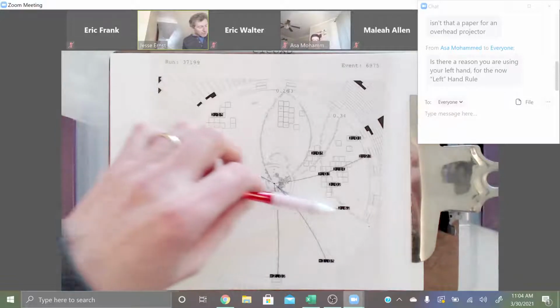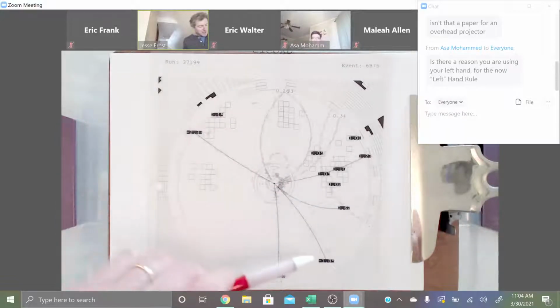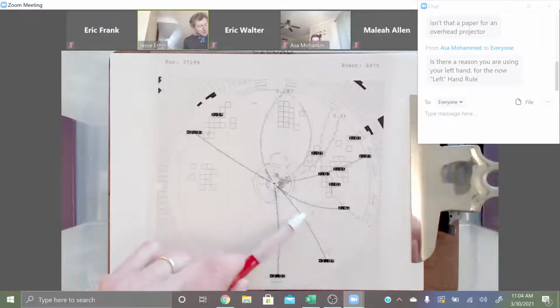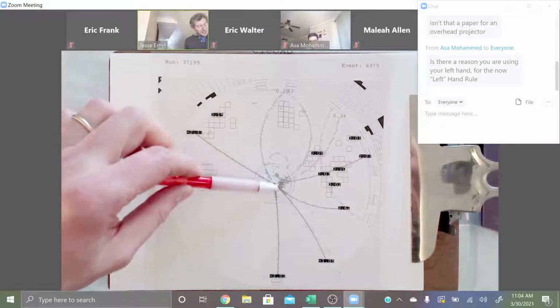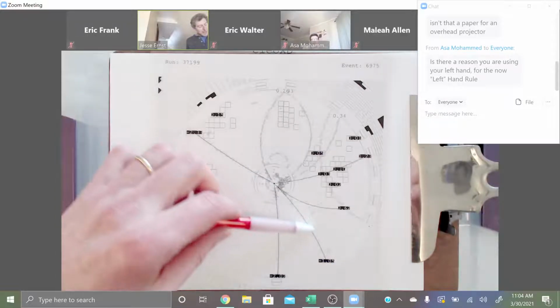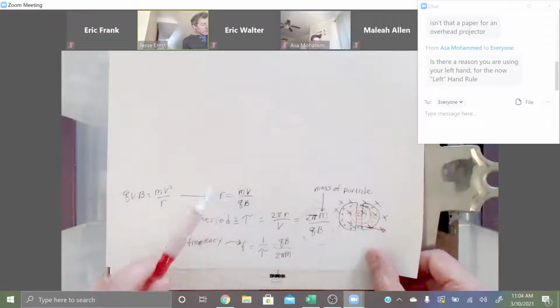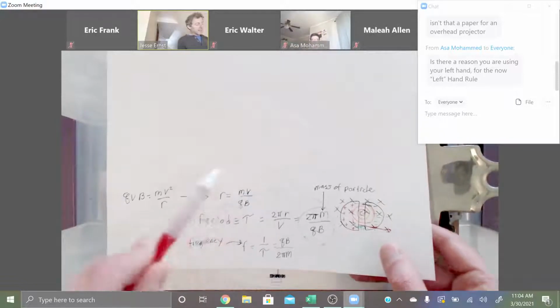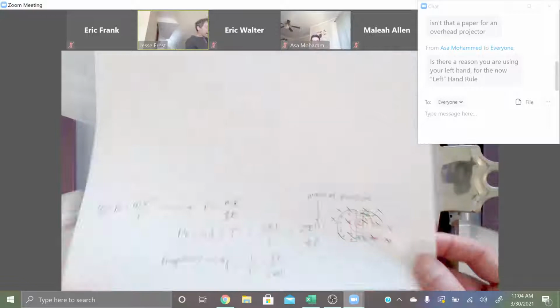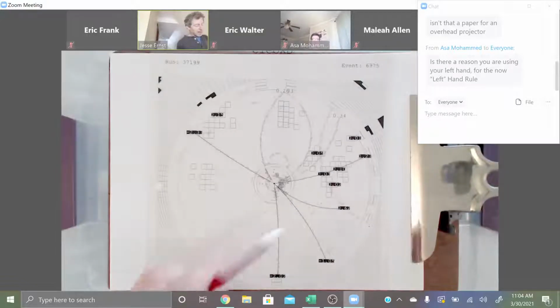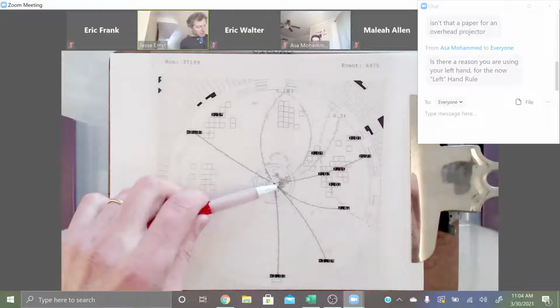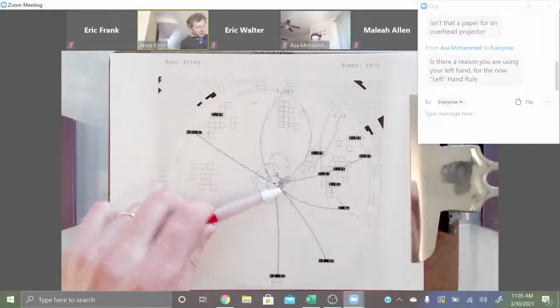You notice this one has a negative sign. We know this is a negatively charged particle, and it's a higher speed particle because it has a larger radius of curvature. R, the radius of curvature, is larger. In fact, it's the momentum that's larger, but essentially it means it's a heavier and/or faster particle if it has a larger radius of curvature.